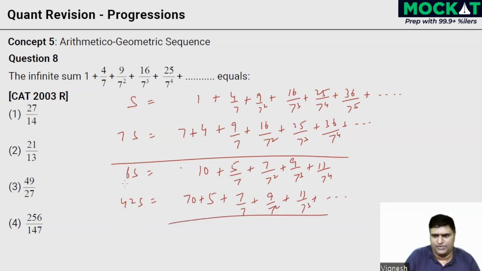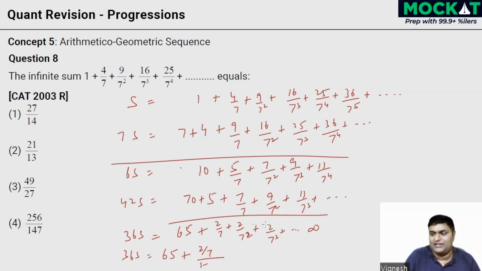If I take the difference over here, it's going to be 36S equals 75 minus 10 is a 65 plus here it's a 2 by 7 plus 2 by 7 square plus 2 by 7 cube and so on to infinity, right? So 36S equals 65 plus first term 2 by 7 divided by 1 minus r.